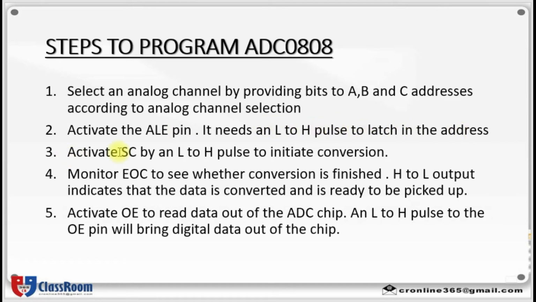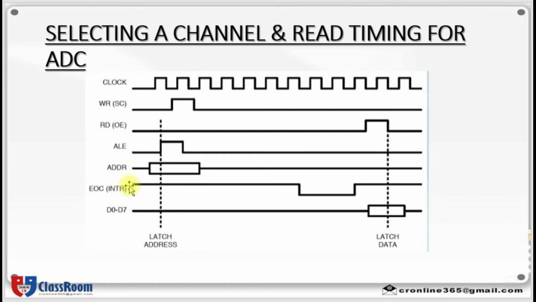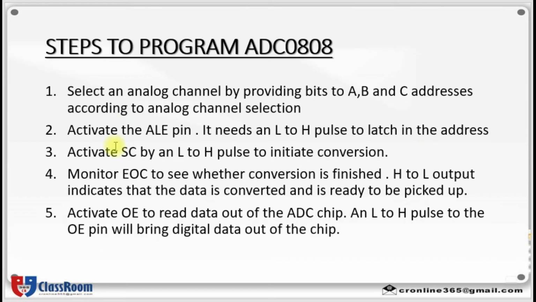Then activate start of conversion by a low to high pulse to initiate conversion. Here you can see start of conversion, which is the same as WR, which also requires a low to high pulse to initiate the conversion process. Then monitor end of conversion to see whether conversion is finished.